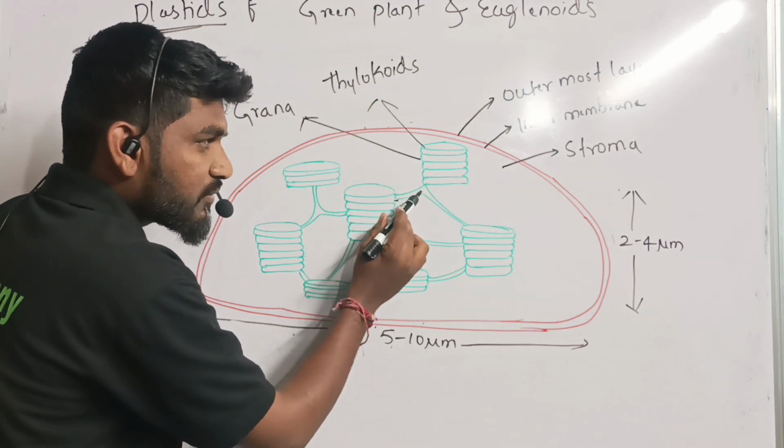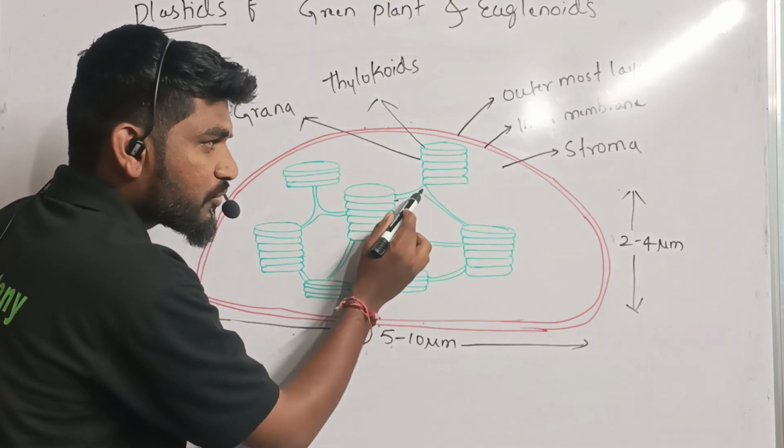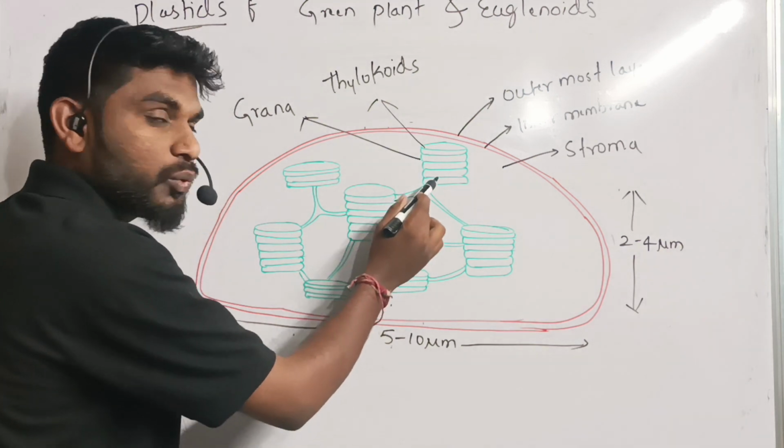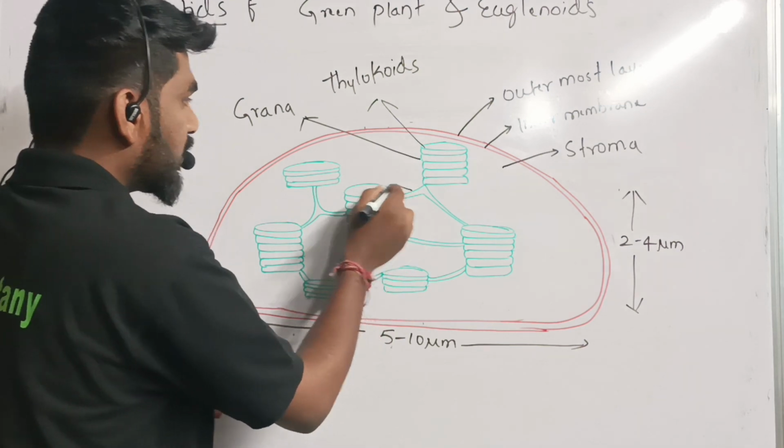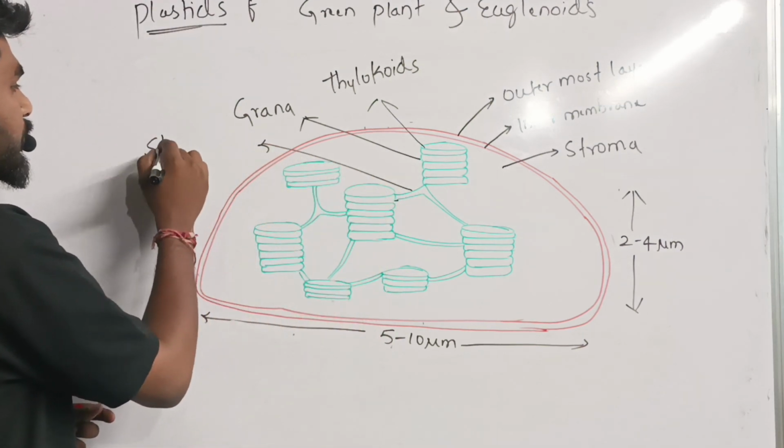These flattened membranous tubes connecting thylakoids of different grana, this structure we call stroma lamellae.